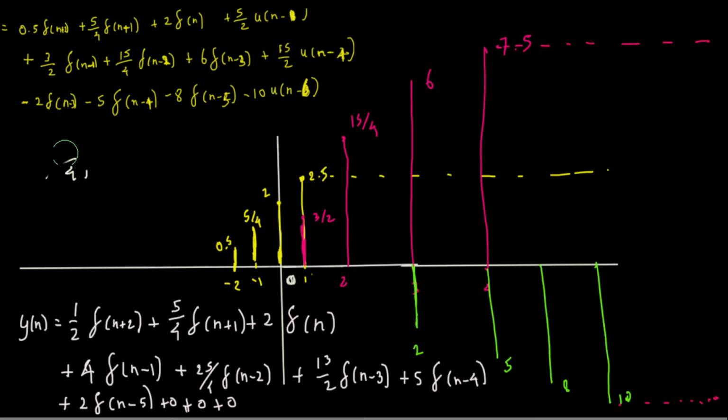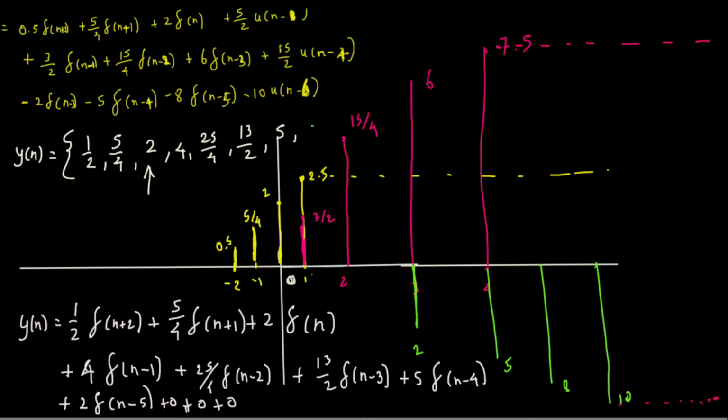Let me rewrite it. y of n, that is equivalent to, if I take the amplitude of the first one, that's half, and then the second one is 5/4, and then the 2, this is at 0, so we put an arrow sign so it's at the origin, and then we have 4, and then 25/4, and then 13/2, and then 5, and then 2. And the others are 0, we can put a dot line, say it's given to be 0 after that.